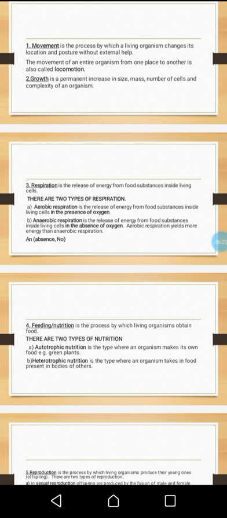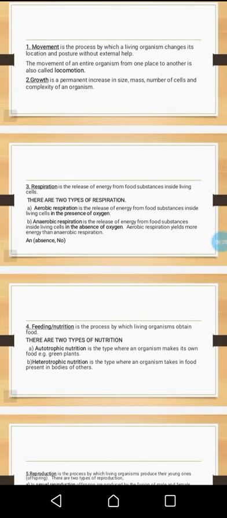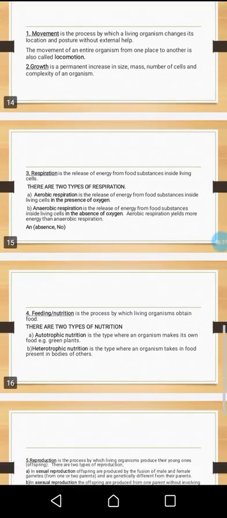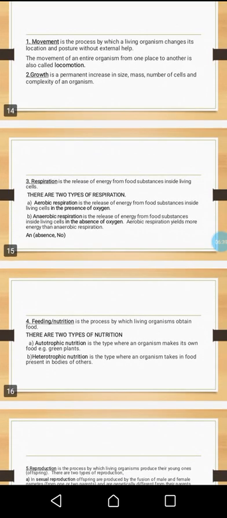If you are walking, that is change of location, that is movement. But what you should understand is that this term refers to both types of organisms, like animals and plants.